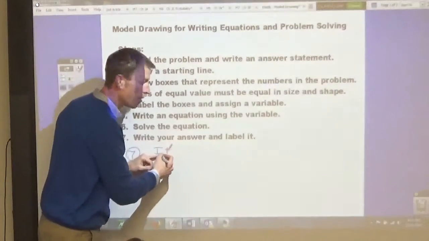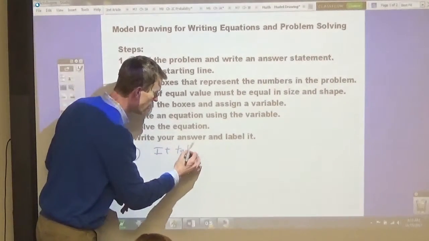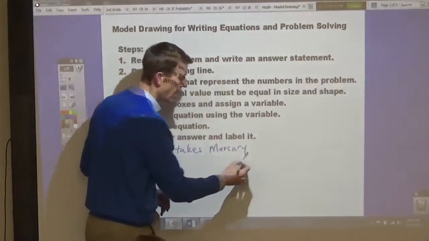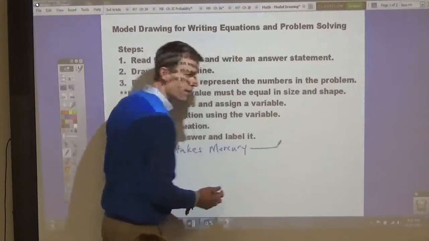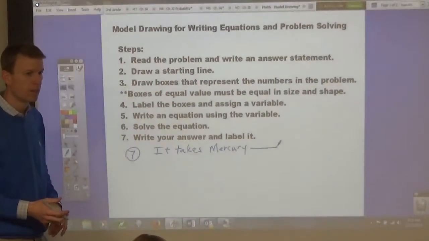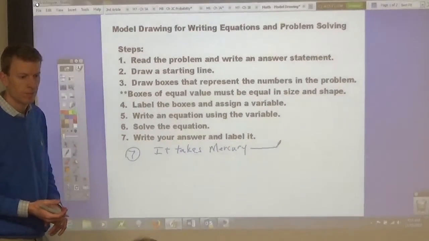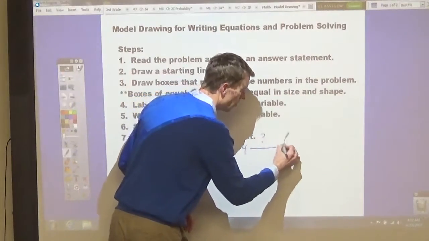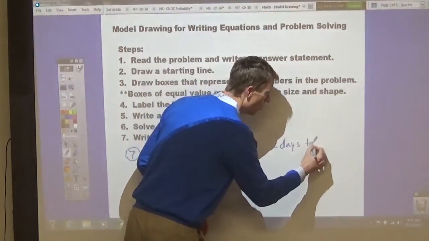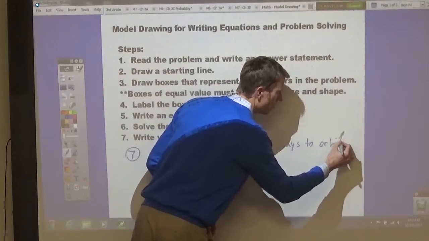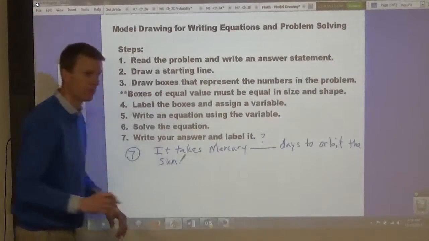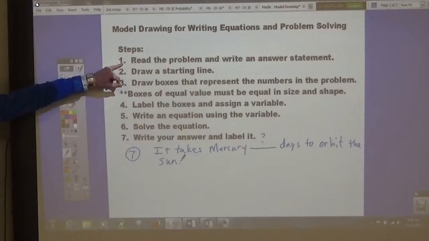Okay, so the statement then is it takes Mercury, and then are we finding it in months, days, years, what? Days. So it takes blank number of days to orbit the Sun. Okay? That's the first part.